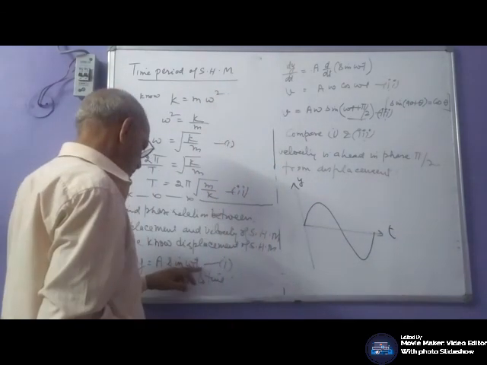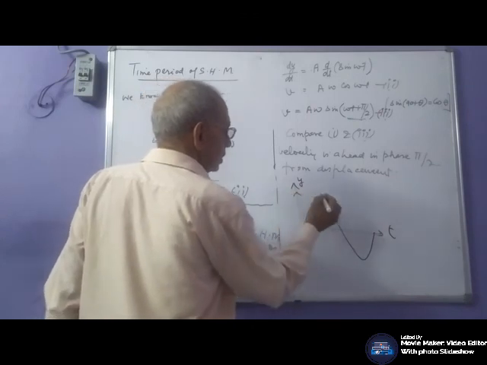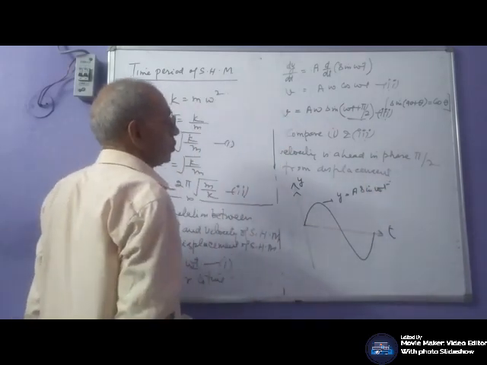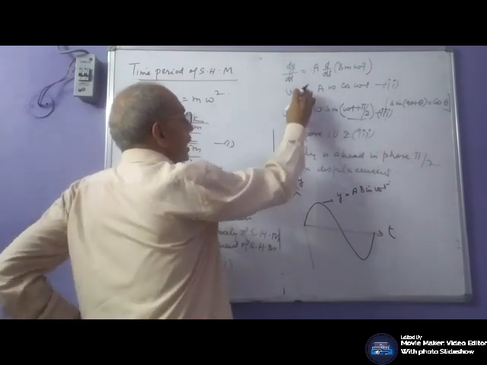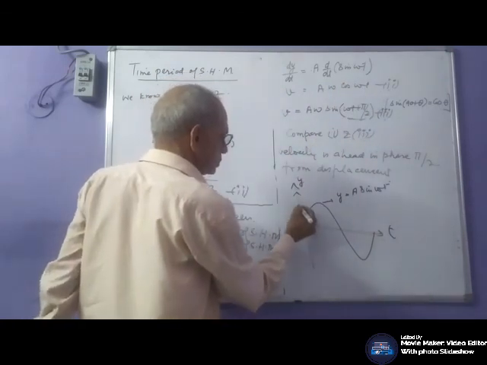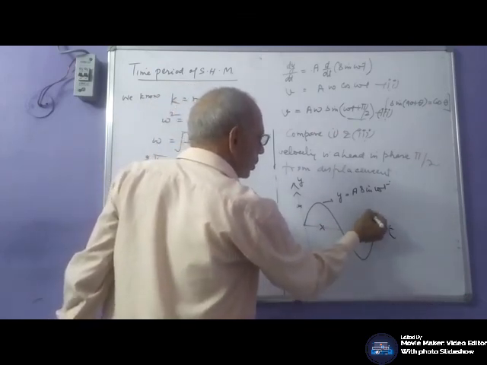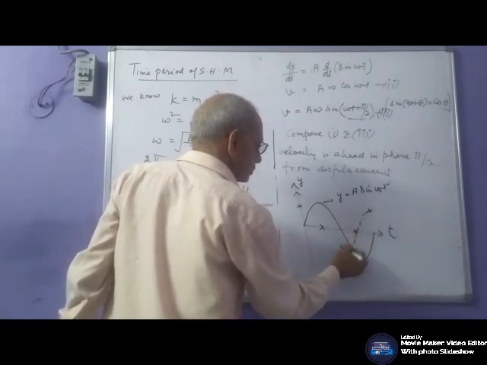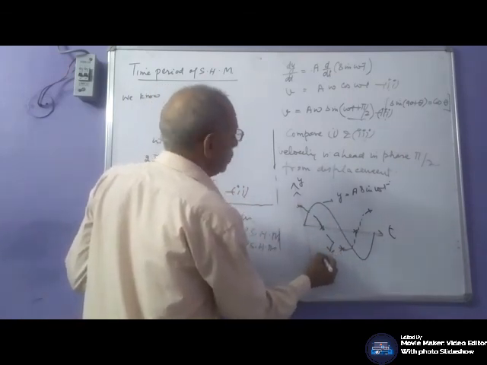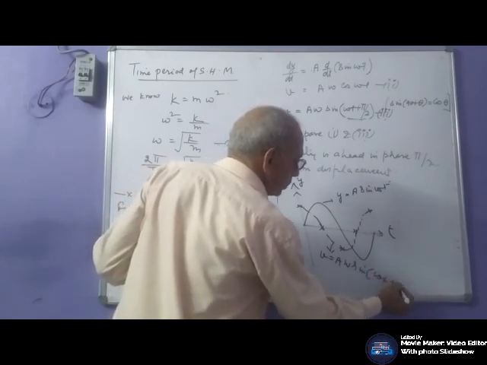This is the plot. 0, then maximum, this is y equals A sin omega t. We draw it from here. Time 0, 1, maximum, then 0, then maximum, 0, maximum, this is v equals A omega sin omega t plus pi by 2.